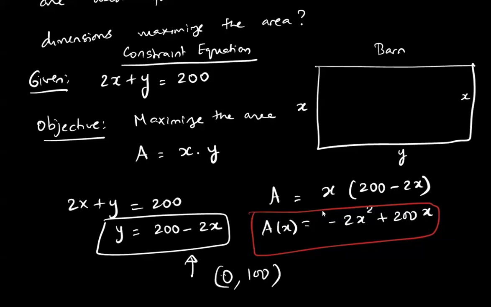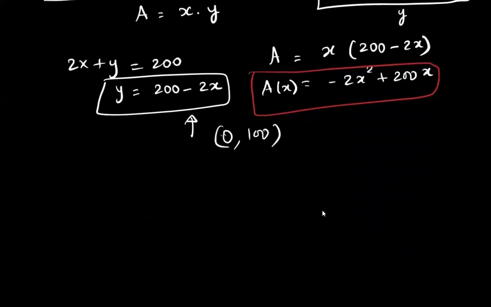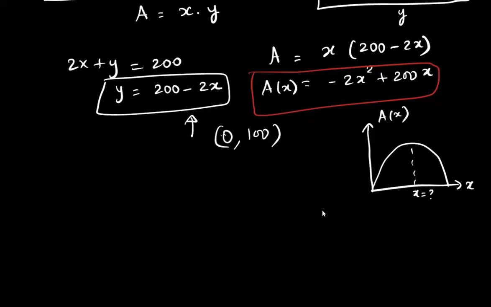Knowing all of this, my goal is to find the dimensions that maximize this area. Before we proceed, if you were to graph this area function, it's going to look something like this, right? So what we are trying to find is the x value for which the area is the maximum.